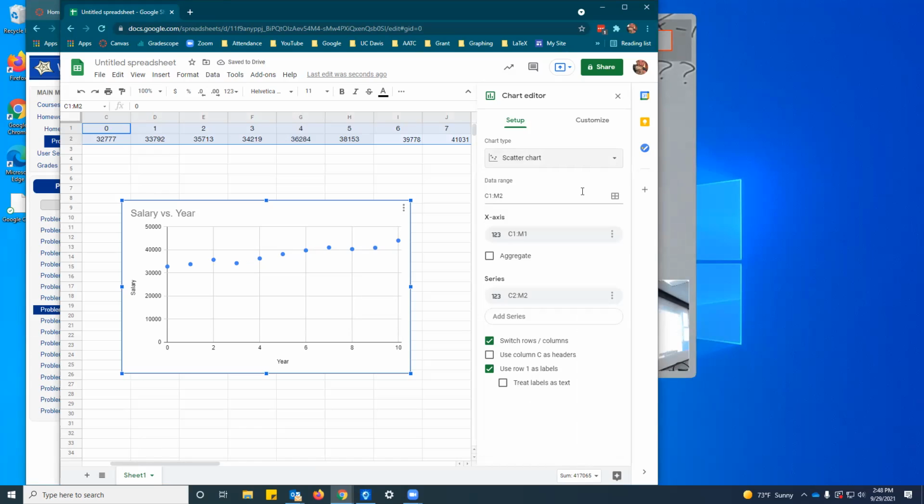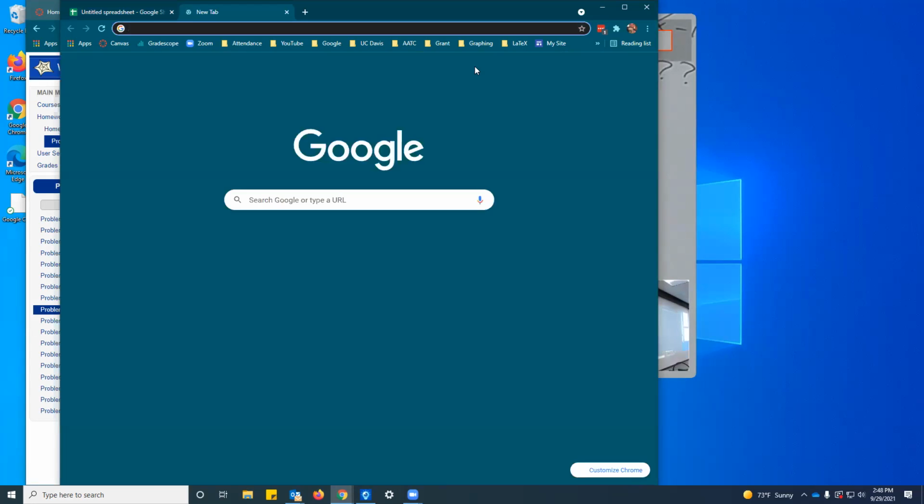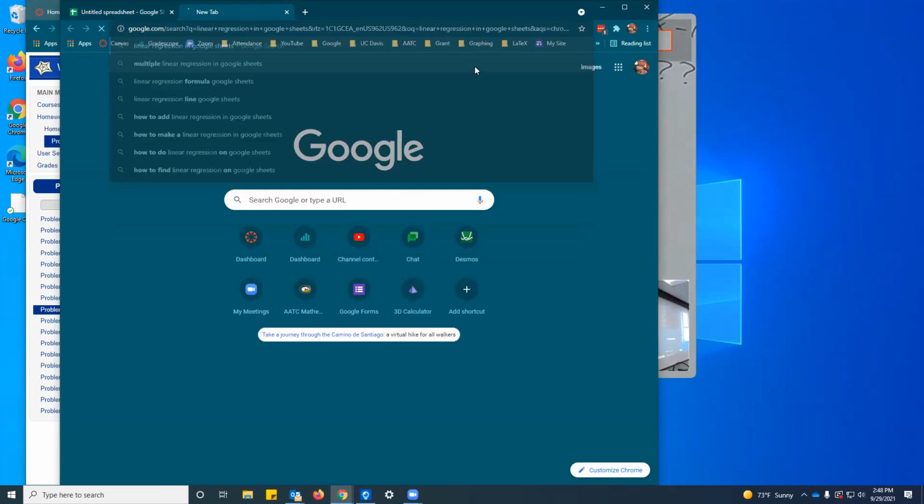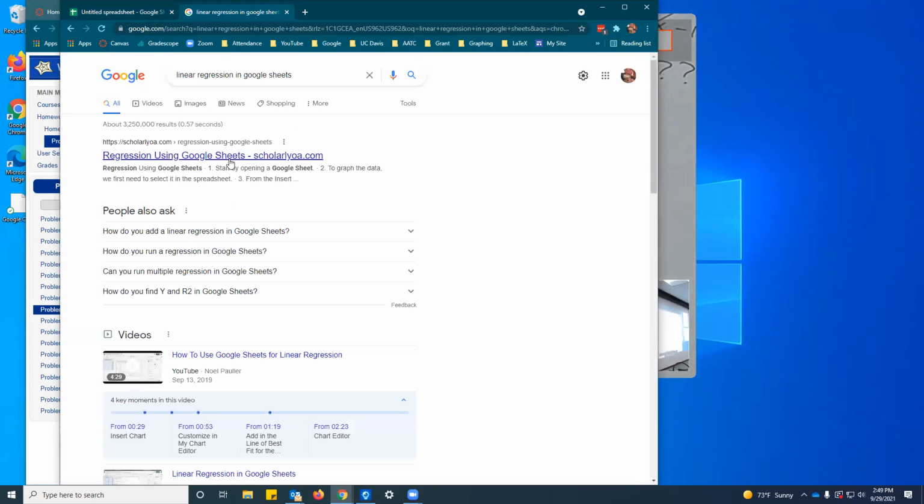I watched the video, but I don't remember where all the things are. So now we want to make a linear regression. And honestly, if I don't remember how, I'd probably Google it. Like, linear regression in Google Sheets. How do you do linear regression? From the insert.